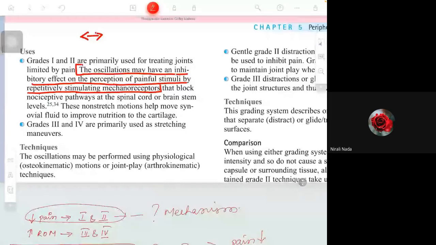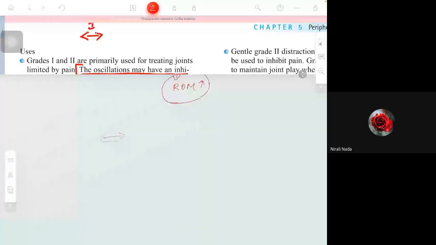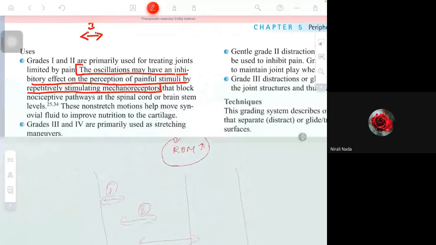This is grade 1 mobilization, this is grade 2, grade 3 and grade 4. So here 1 and 2 are oscillatory techniques. The oscillations may have an inhibitory effect on perception of painful stimuli.